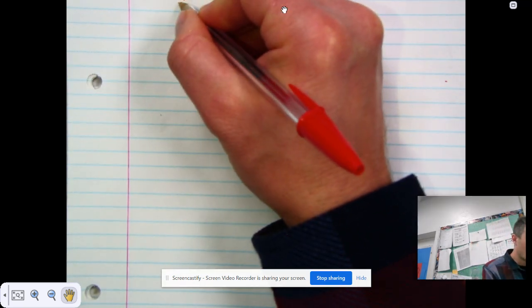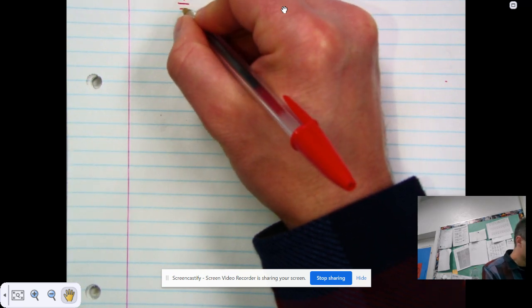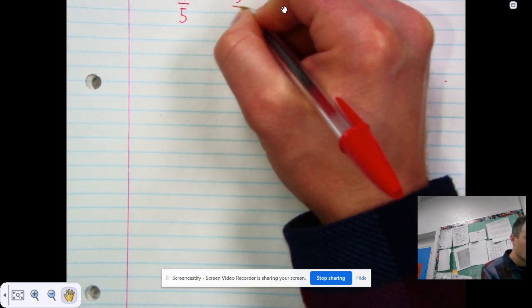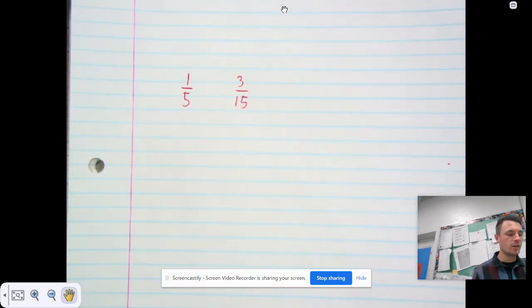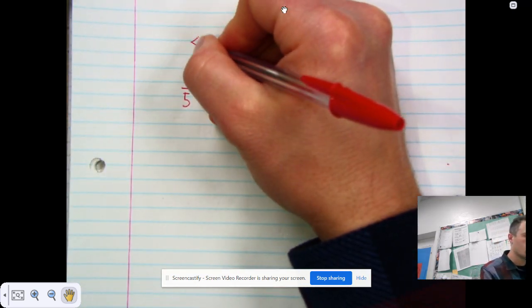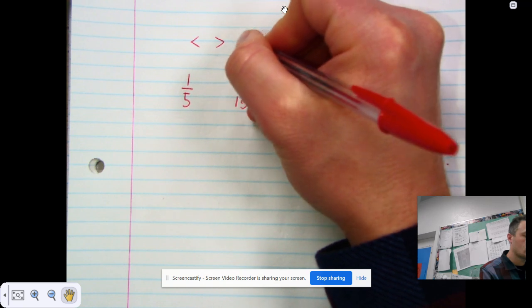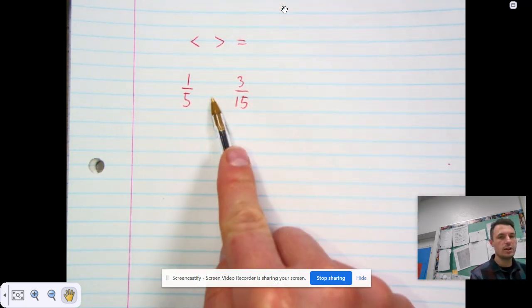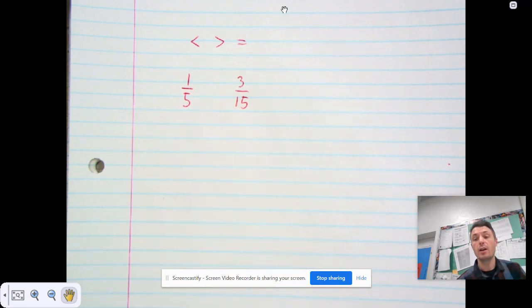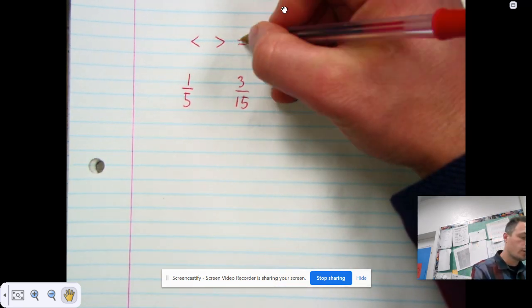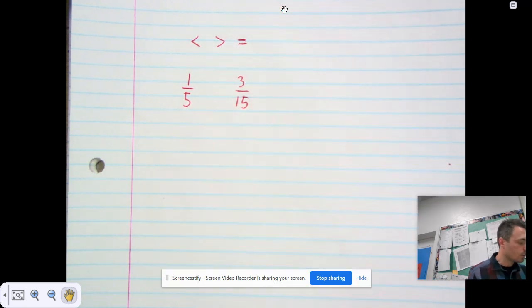For your independent work, I'd like you to compare 1/5 and 3/15. Oops, 1/5 and 3/15. You're either going to write greater than, less than, or equal to between these two fractions. Make the alligator mouth eat the bigger fraction. Or if they're equivalent, put an equal sign between them.